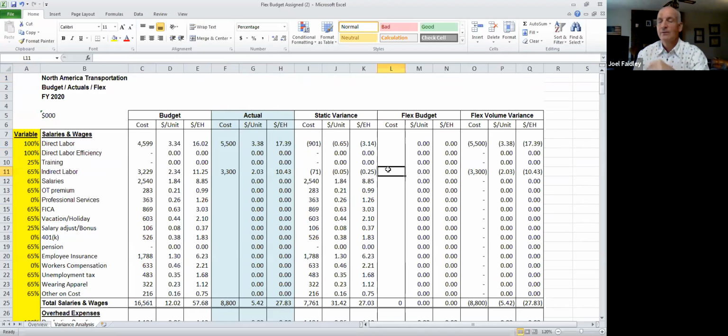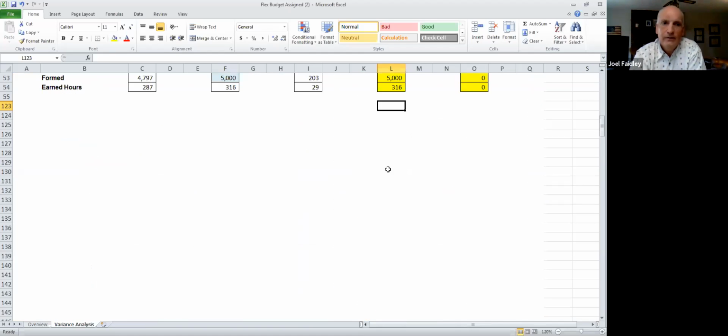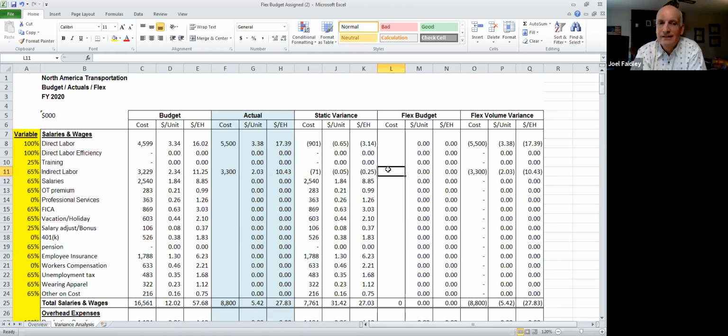So let's look at that one, since it's sort of the capstone formula for this. What you want to do is equal to cell F54 divided by cell C54, right? Times that, plus what?